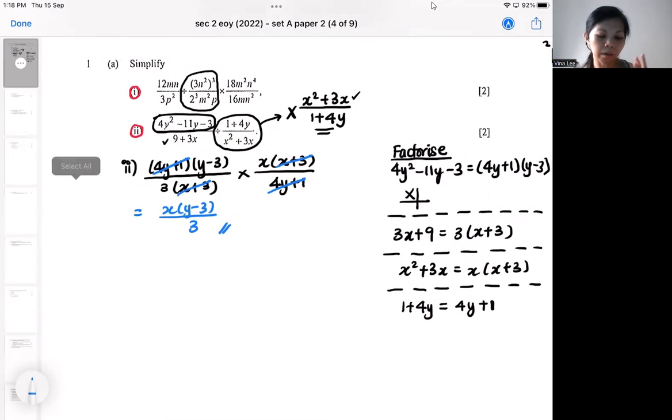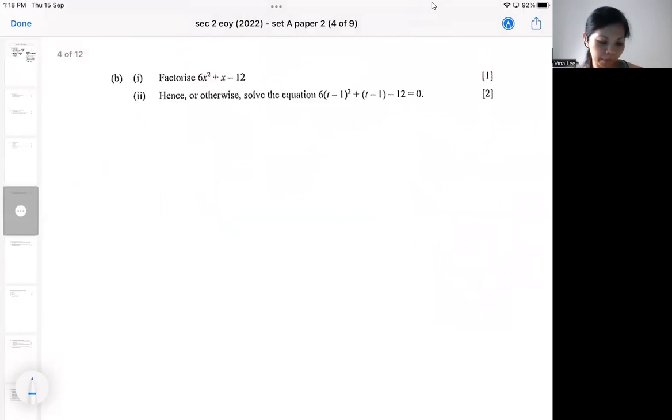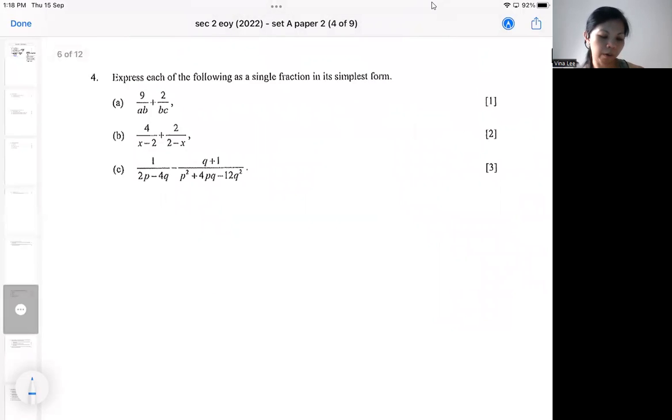So this question is dealing with multiplication and division of fraction. So we're going to jump to question 4. Question 4 also deals with fraction, but we are dealing with addition and subtraction.